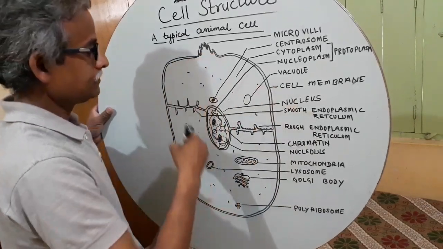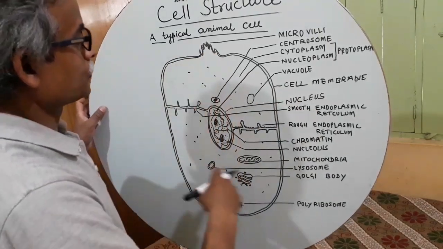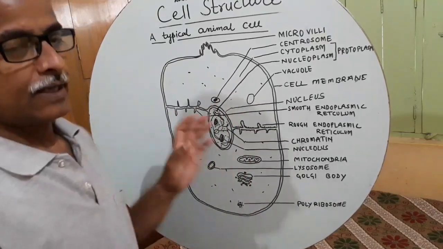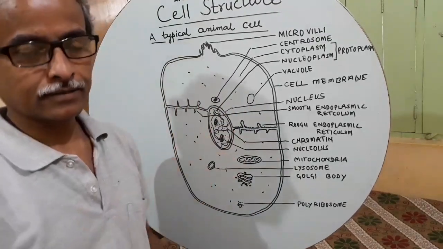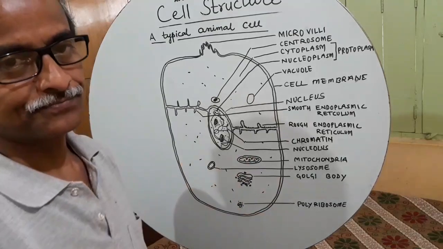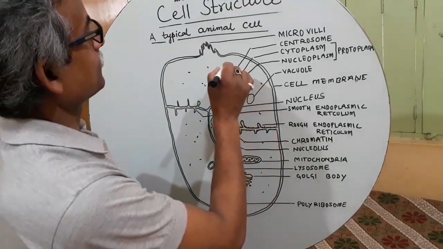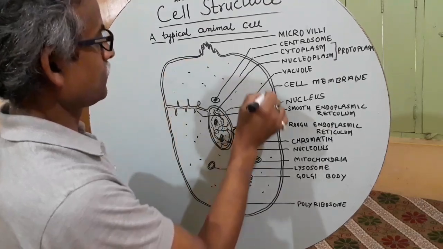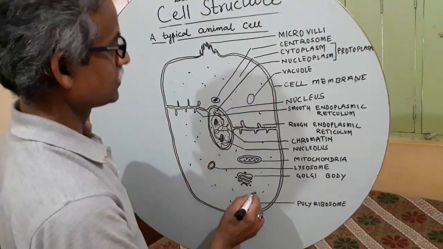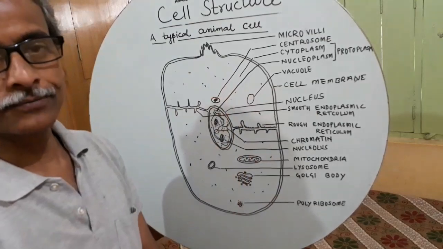This cell membrane encloses a semi-solid or semi-liquid matter, jelly-like matter, that is called cytoplasm. This dotted part shows the cytoplasm.